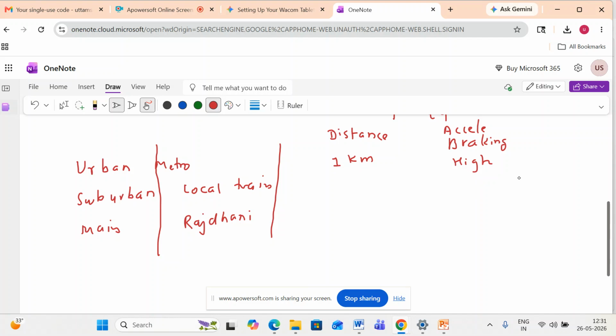You can take the example of metro. Then for local trains, the distance is a little more, from 1 to 5 kilometers, and here the acceleration and braking are moderate.